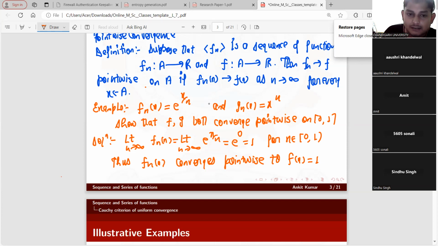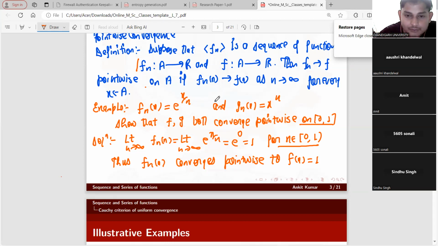Meaning thereby, Fn is a mapping from A to R and F is a mapping from A to R, so that f, g both converge pointwise on [0, 1]. For each x belonging to [0, 1], Fn(x) converges pointwise to F(x) equal to 1. So this is a pointwise convergence.